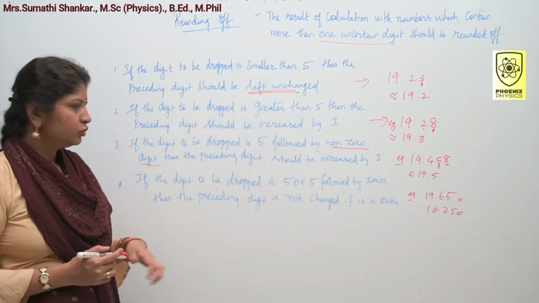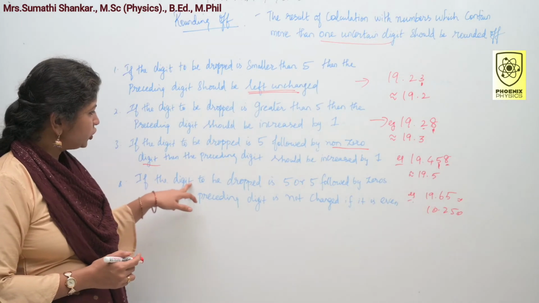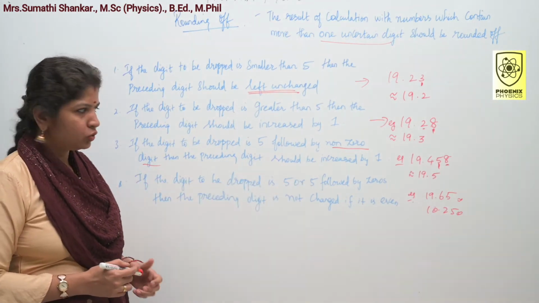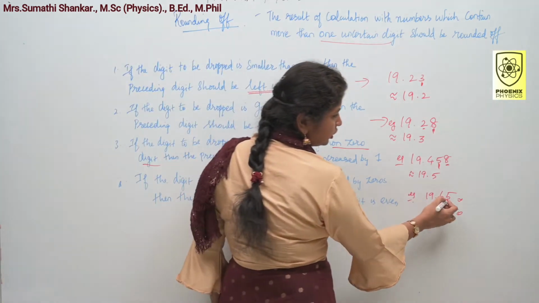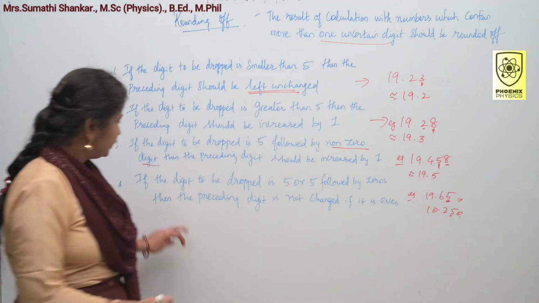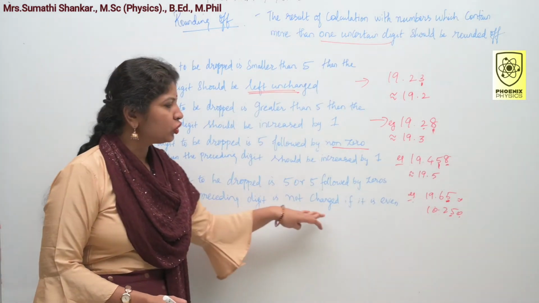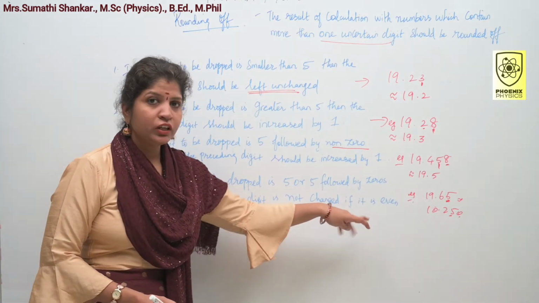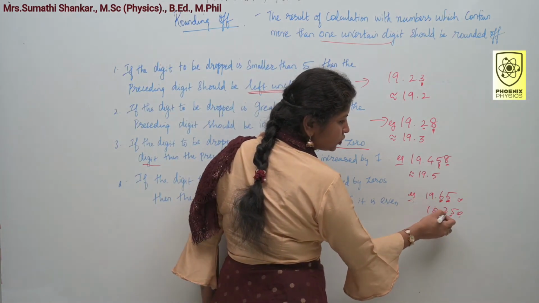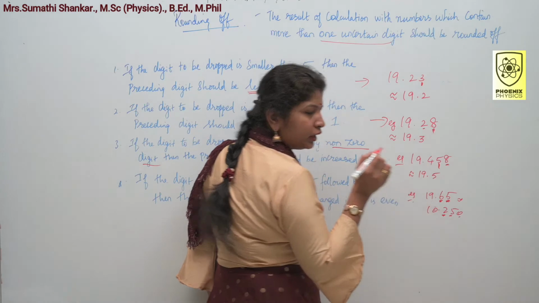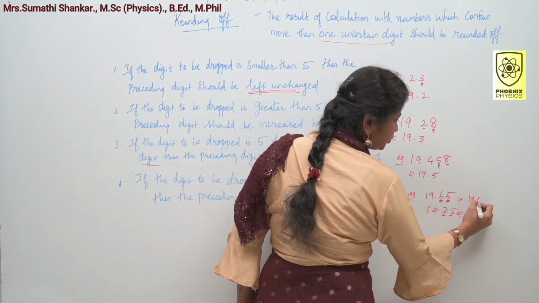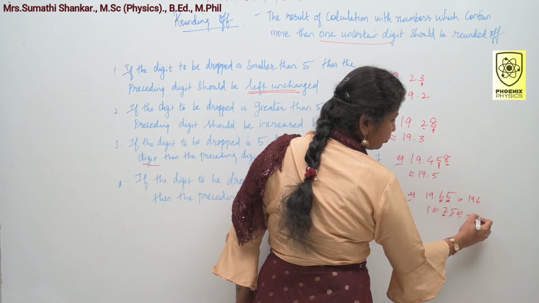19.5. Fourth point is, if the digit to be dropped is 5 or 5 followed by 0, then the preceding digit is not changed if it is even. So here look at the preceding digit, this is an even number and this is also an even number. It does not change, so you can write it as 19.6 here, here 10.2.